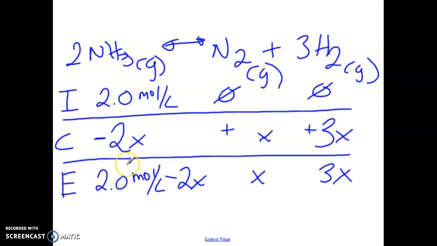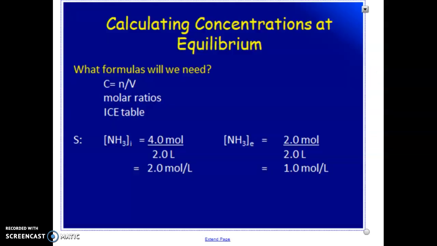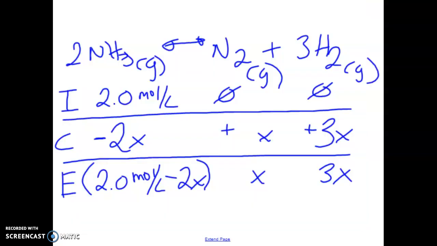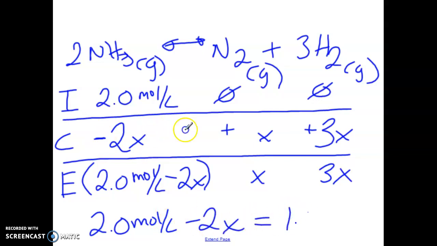So at equilibrium, we have this expression for ammonia, we have x, and we have 3x. Now, we do have the equilibrium value for ammonia. We know that it's 1 mole per liter. So what that means is essentially this equilibrium expression is equal to 1 mole per liter.